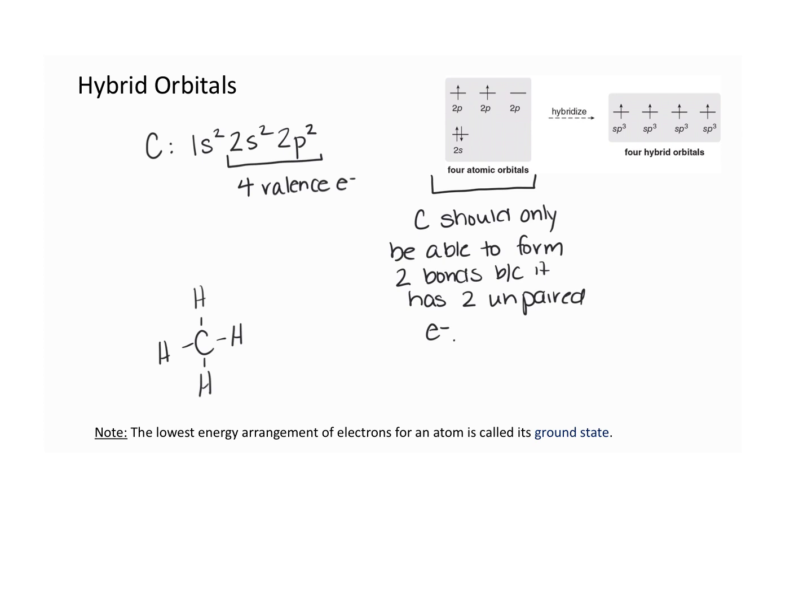These hybrid orbitals are called sp3, and they have 25% s character and 75% p character from those orbitals.